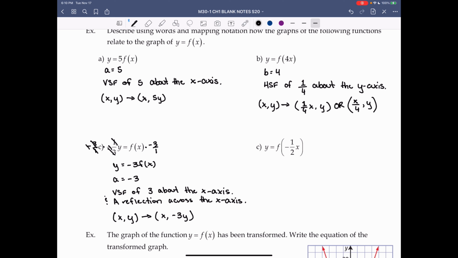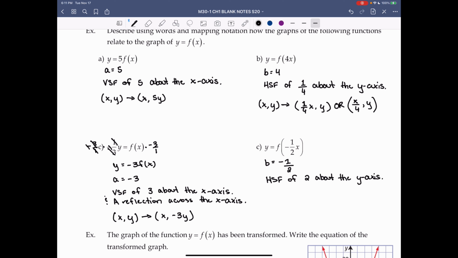C, y equals f of negative 1/2 x. B equals negative 1/2 here. That represents a horizontal stretch factor of the reciprocal of the absolute value of b. The reciprocal of 1/2 would be 2 about the y-axis.